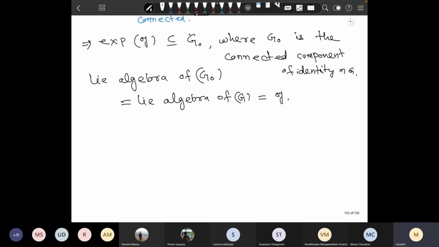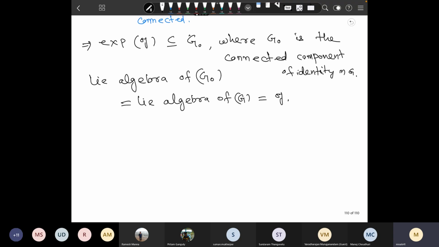So this observation is important. Remember this. Now we have seen that for whatever groups we have discussed, we have obtained a polar decomposition, and polar decomposition is useful for seeing whether the group is connected or not.